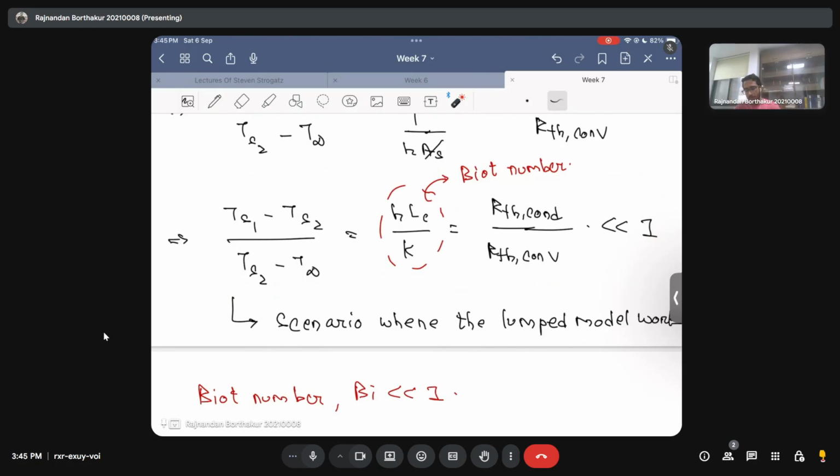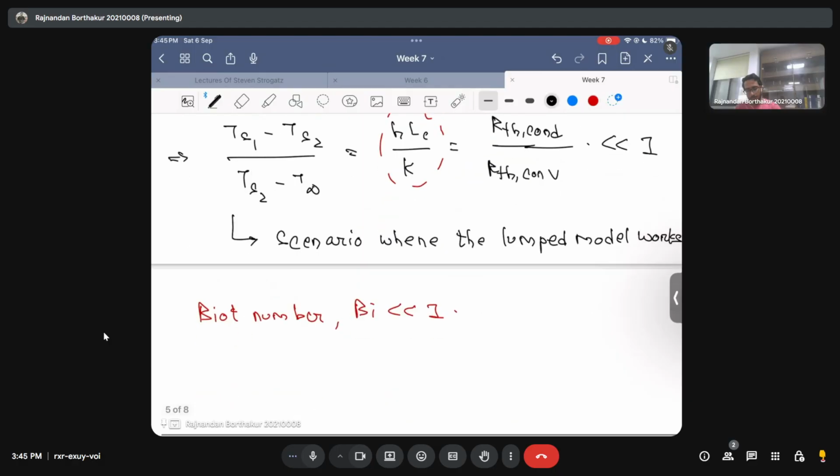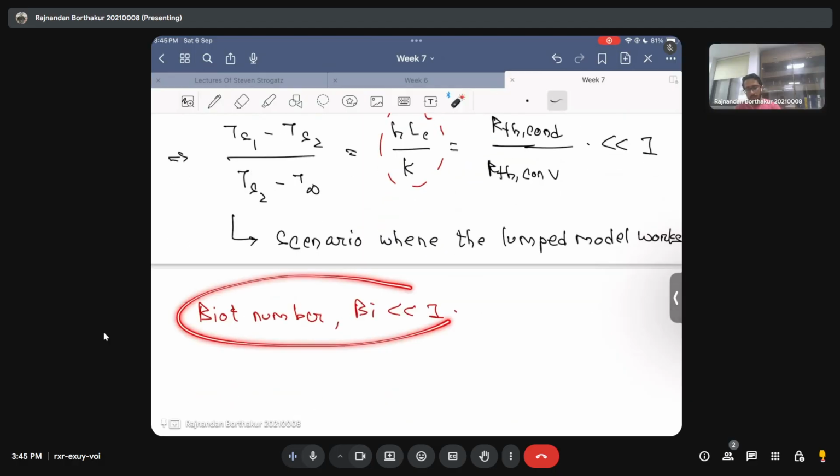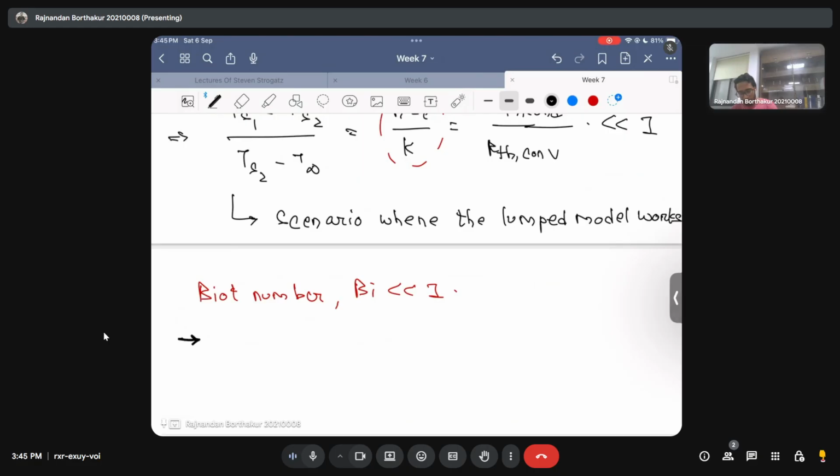Okay, now this is still an ambiguity, right? Because if you are using the lumped capacitance model in order to solve a problem, you still need a pinpointed value of how much less my Biot number should be. So in order to solve problems, if your Biot number is less than 0.1, you can rest assured that your lumped capacitance framework is valid.